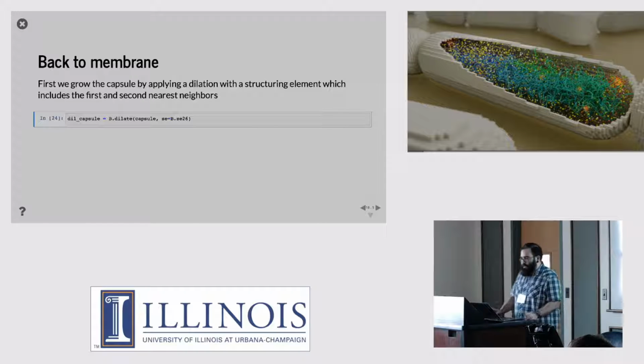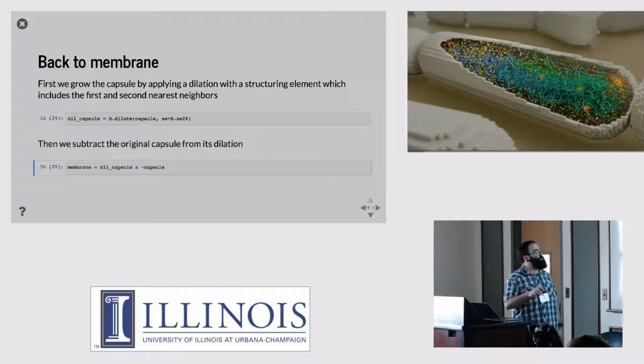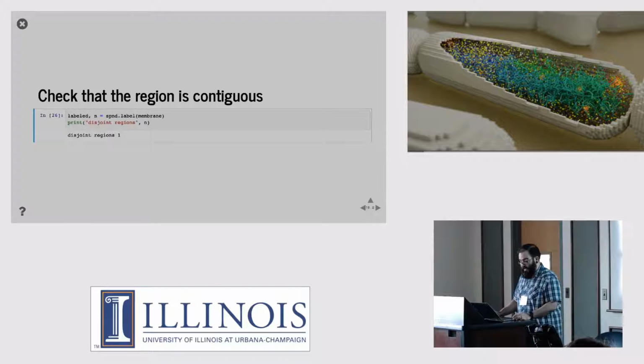So JLM has a couple of routines built into it for doing these operations. In this case, we're going to use region builder.dilate. We're going to give it the original capsule, and we're going to use a structuring element with the 26 neighbors, so the second nearest neighbors here. Run that and set it to dil_capsule. Take the original and take the intersection of the complement to get the membrane. And let's make sure that we actually have connectivity over the whole membrane.